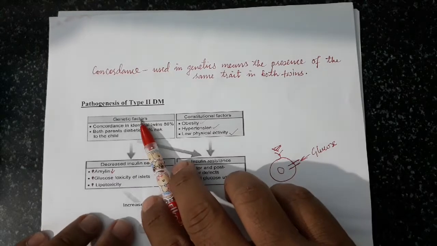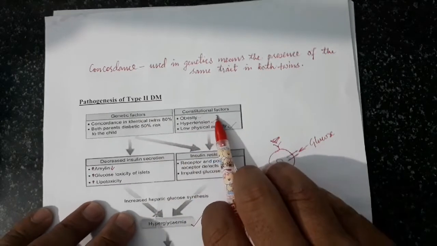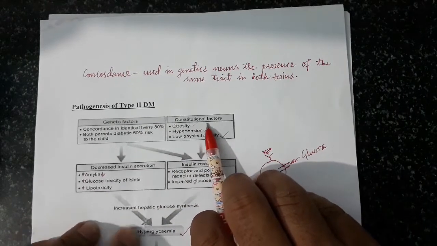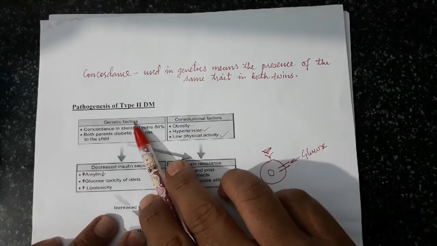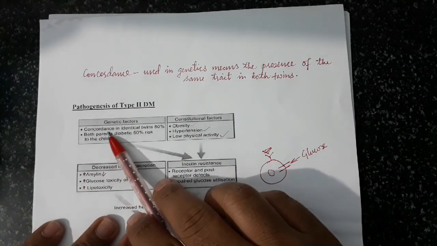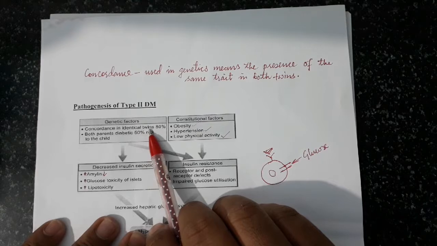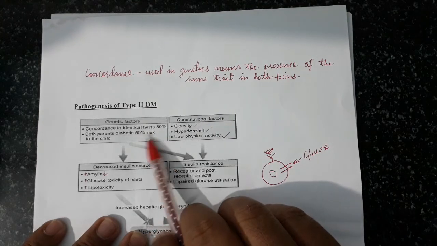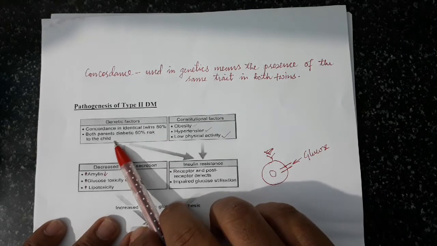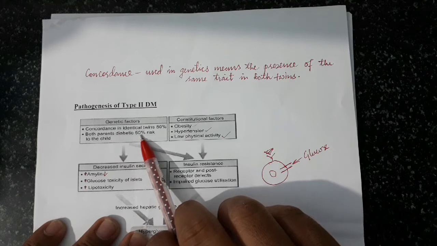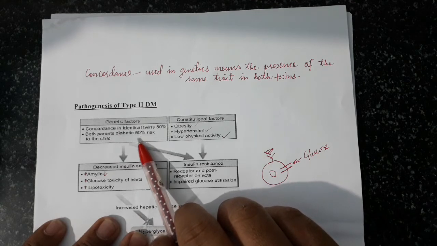Genetic factor is related with the genes, and constitutional factor is related with your lifestyle, your way of living. In genetic factors, the probability in identical twins to get type 2 diabetes mellitus is 80%, and if both the parents are diabetic, then there is 50% risk to the child to get type 2 diabetes mellitus.